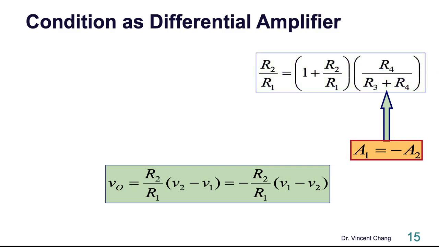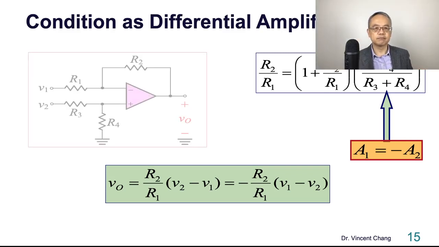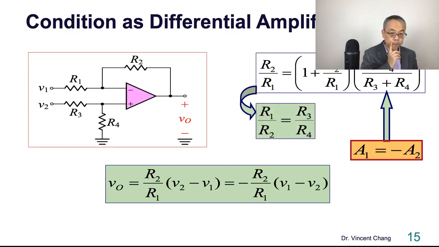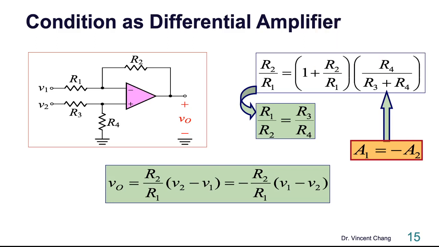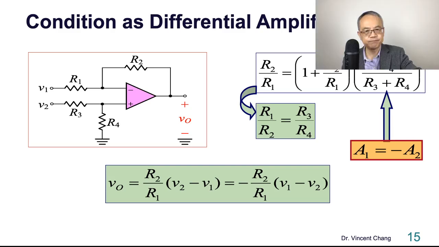If you do a little bit of math, it will give you this outcome. Ratio: if R1 over R2 equals R3 over R4, which is equivalent to A1 equals negative A2.